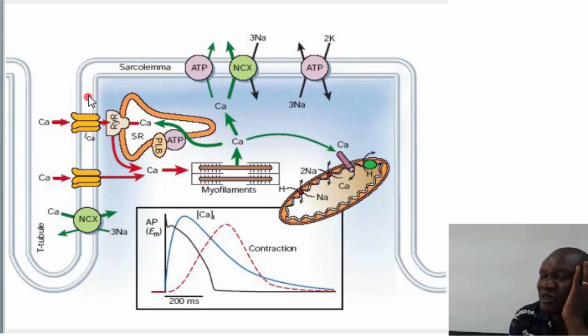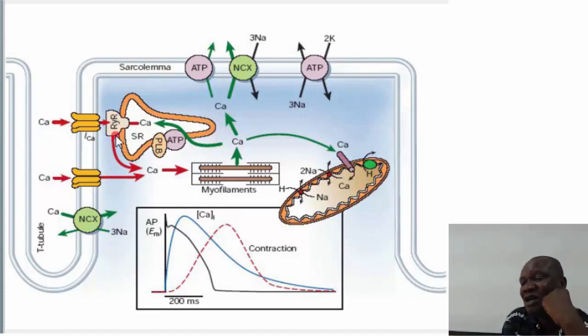Now, when the action potential gets to the calcium channels, they cause a change in conformation, and they would open, and calcium will move into the sarcoplasm from the extracellular fluid.